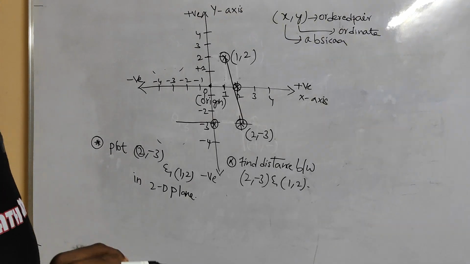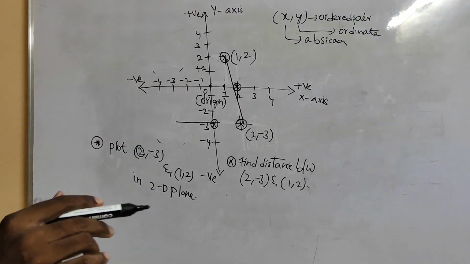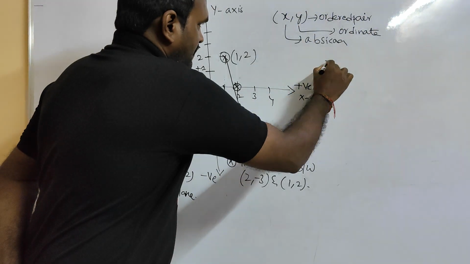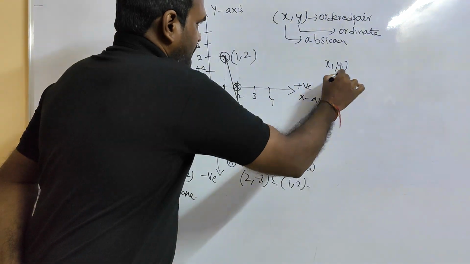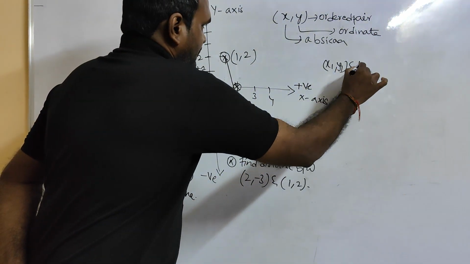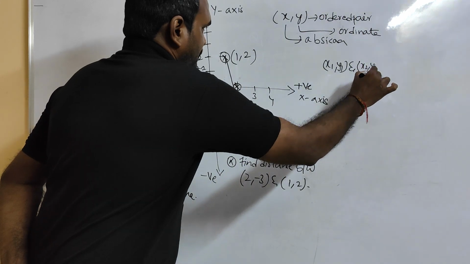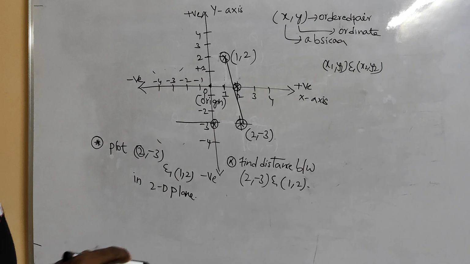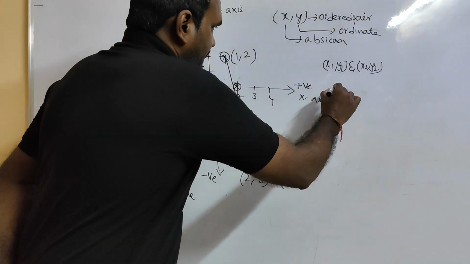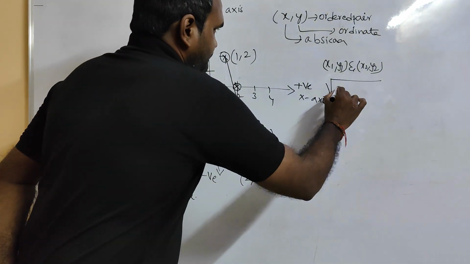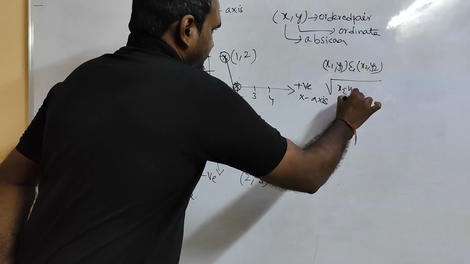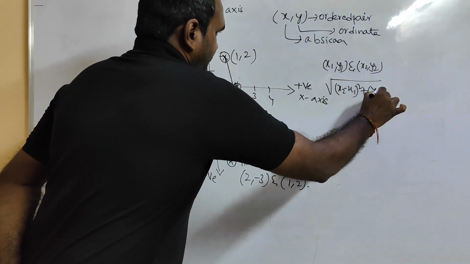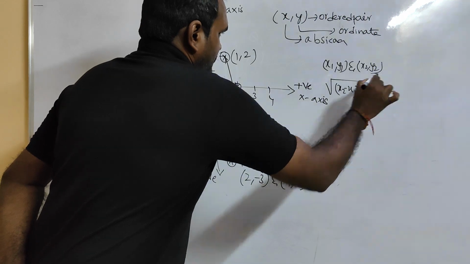How to find the distance is, for finding the distance between 2 points, you are having the formula. If your points are (x1, y1) and (x2, y2), distance between 2 points is square root of (x2 minus x1) whole square plus (y2 minus y1) whole square.